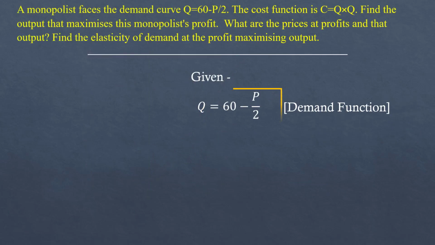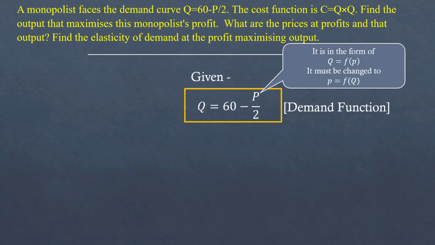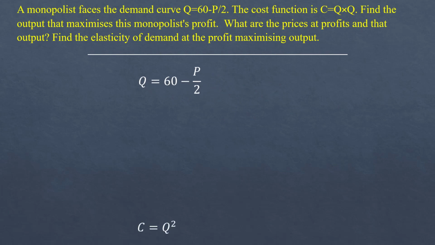The given function is in the form of Q as a function of P. Since Q is the value that we have to calculate, it should be changed to P as a function of Q. State the given function. Q equal to 60 minus 2 over P. Let us clear the ratio 2 over P by multiplying both sides by 2. 2 times Q equal to 60 minus 2 over P times 2.